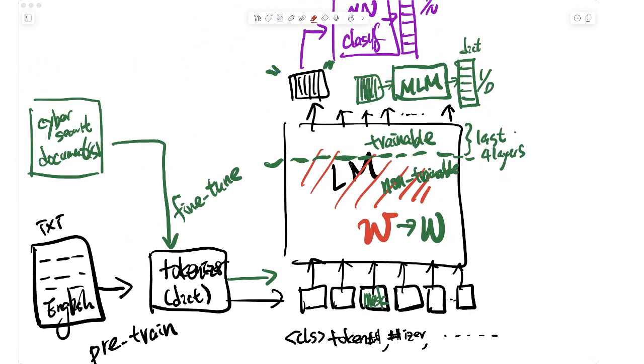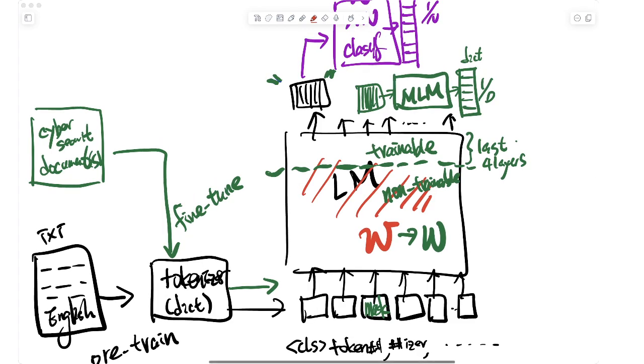Think about this one. When we output the CLS output in this picture, the CLS output is trained by English text and by the cybersecurity document.